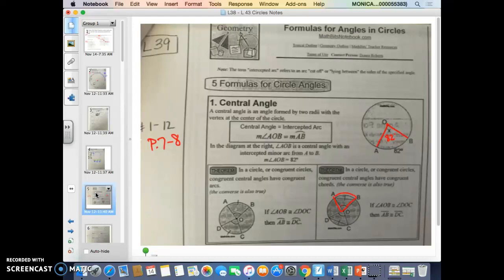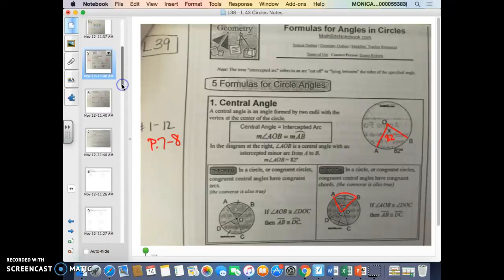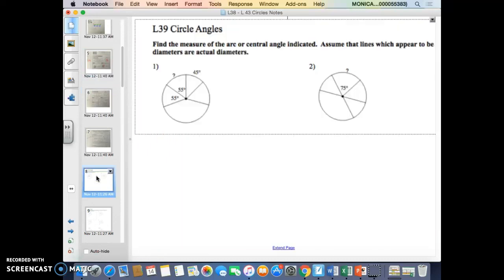All right, so let's go ahead and skip ahead and look at some questions related to this. So you should be opening to page 7, and it should look like this, circle angles. So we'll do numbers 1 and 2 together. If we look at number 1, we want to know what the arc length is. Well, we know that the arc equals the angle. So here's the angle that we're looking at.